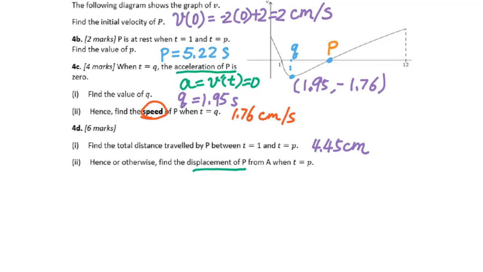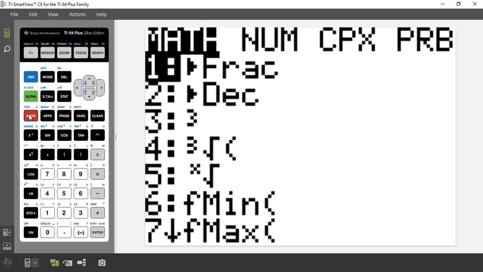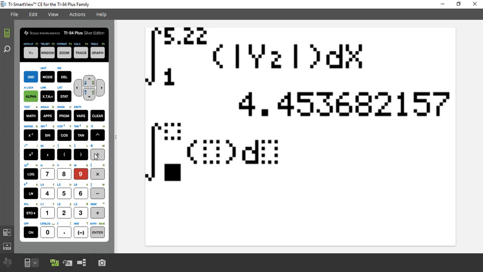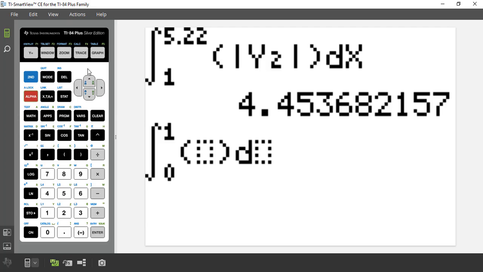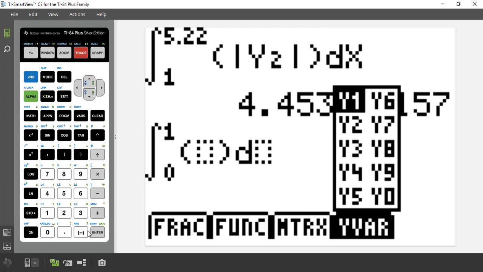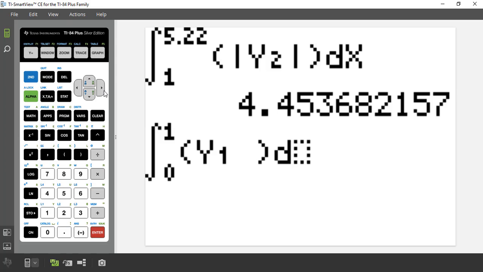Hence, or otherwise, find the displacement of P from A when t equals p. I will show you on the graphing calculator. From A basically means when t equals 0. Now we will go to Math 9. From 0 to 1. Alpha trace, this is y1. Then here is dx.